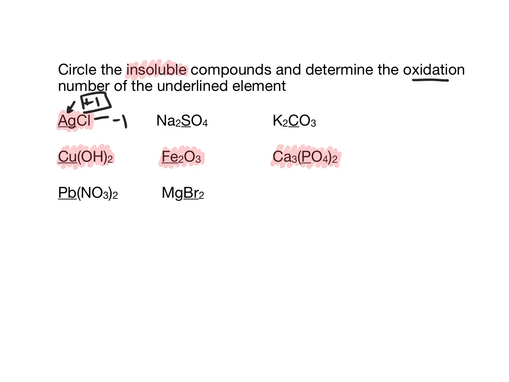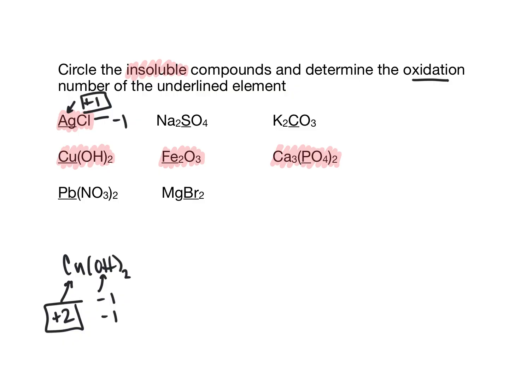So for copper hydroxide, these have to total up to the negative charge. It is -1, and there are 2 of them, so therefore the copper is going to be +2.